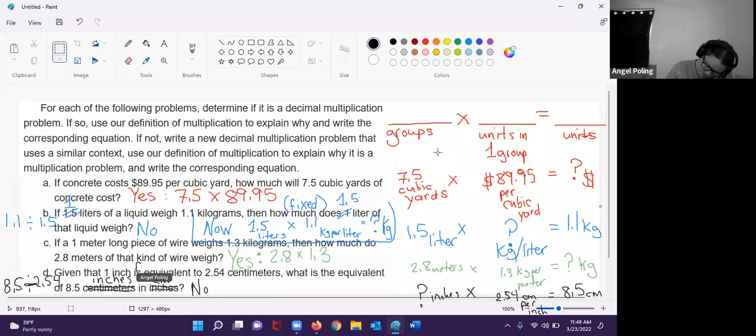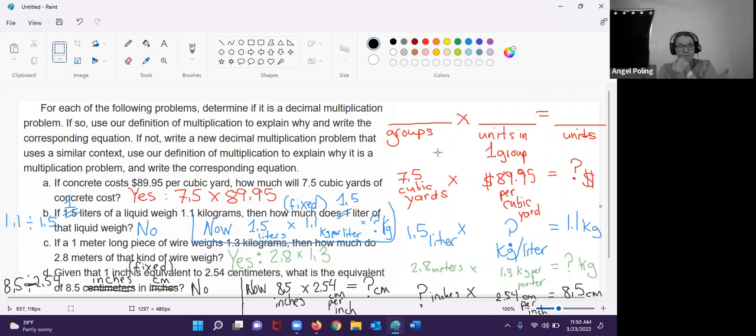So the words I added are my fix for part D. And now that I've fixed it, we would have 8.5 inches times 2.54 centimeters per inch. And we would then be asking for the amount of centimeters.